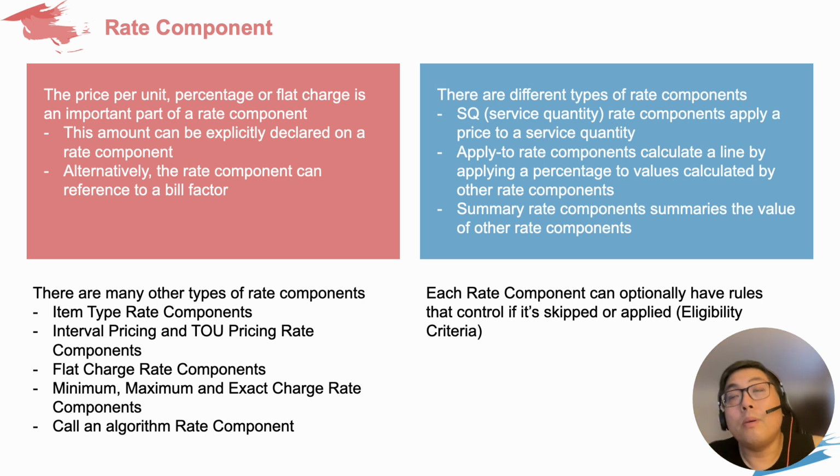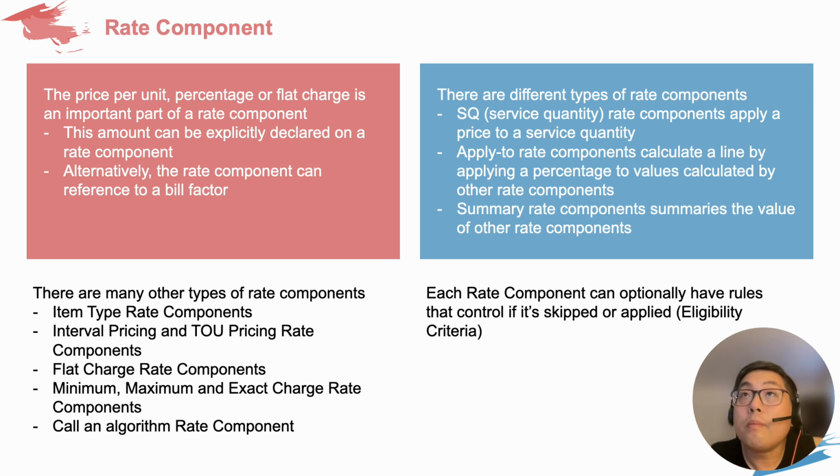When you look at the bill, you always see a section, say, service quantity. Service quantity is more like a calculated value at runtime, or retrieved from a characteristic, or retrieved from a service agreement, for example.